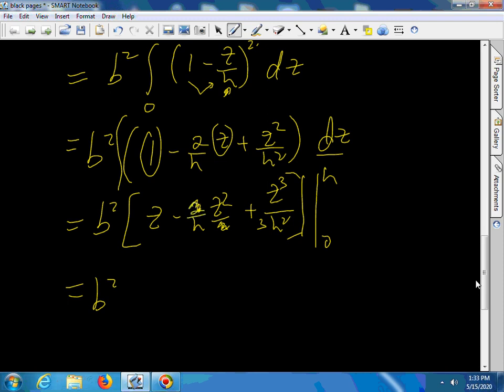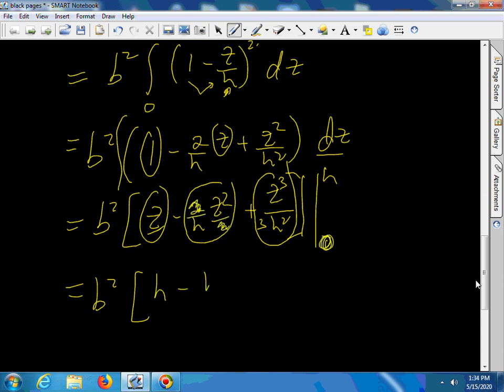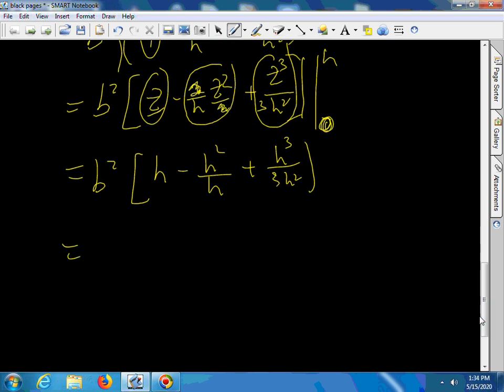And one other thing I'm going to mention: these are the 3 terms, and in each of them is a z on top. When I plug in 0, I'm going to get 0. So I just really have to evaluate the top. I plug h in for z, I get h minus h squared over h plus h cubed over 3h squared. Okay, let's clean that up a little bit.